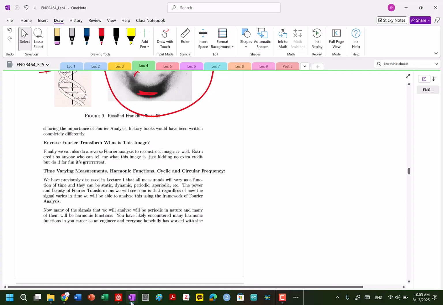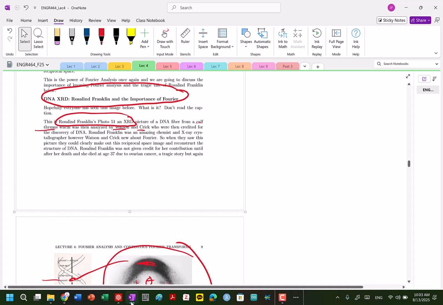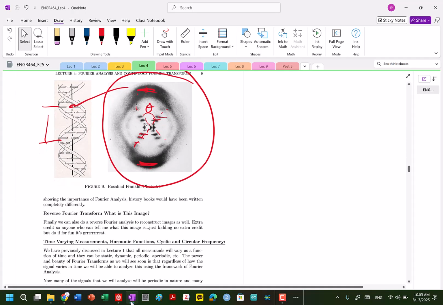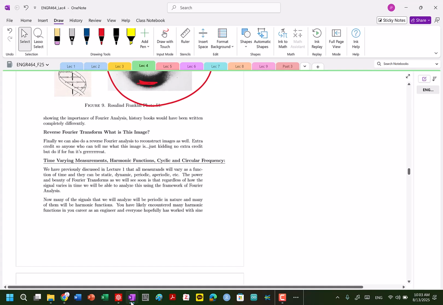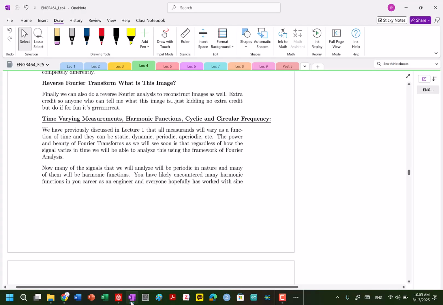So unfortunately, Rosalind Franklin did not get the credit, and her story is a little bit tragic, she died at the age of 37, but now she's credited with a lot of that work, which is fantastic. But key idea, motivation: we want to be able to look at and measure and do Fourier analysis.